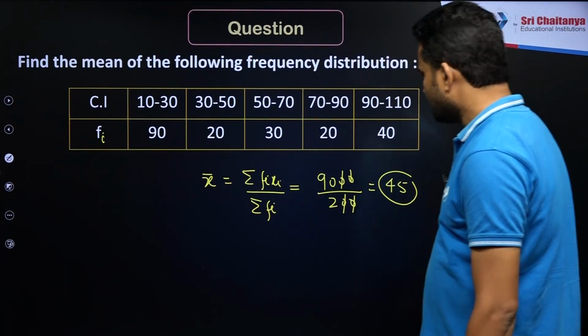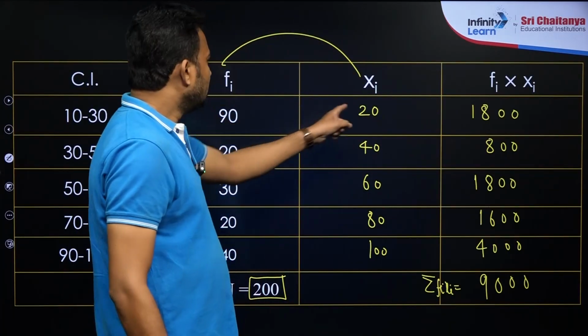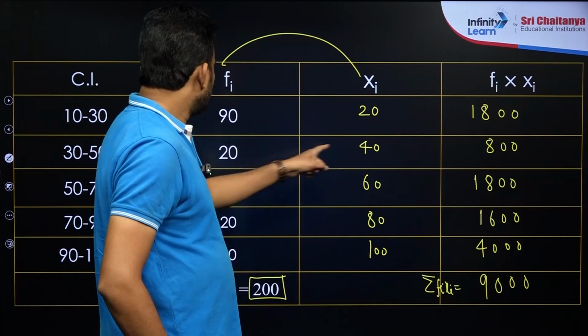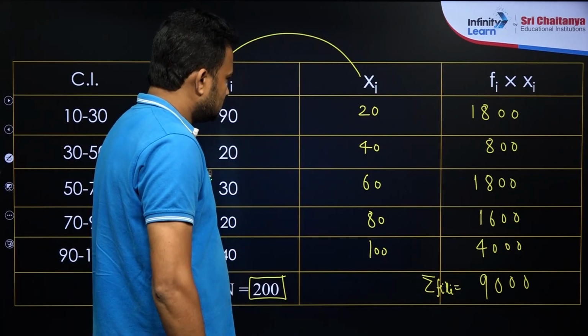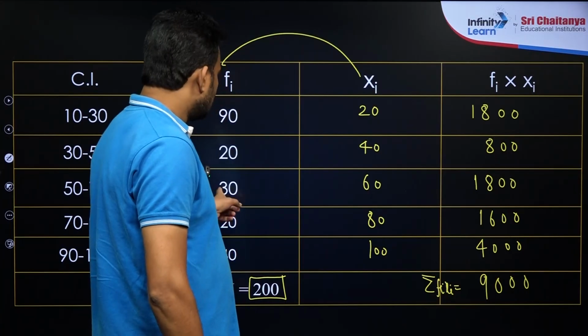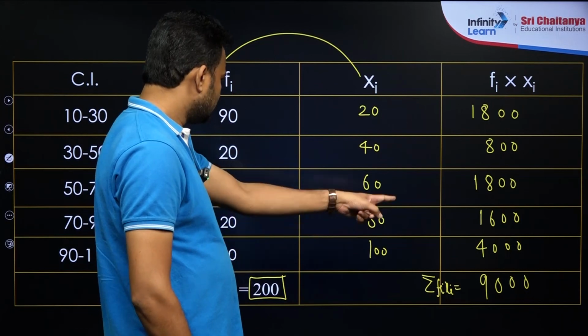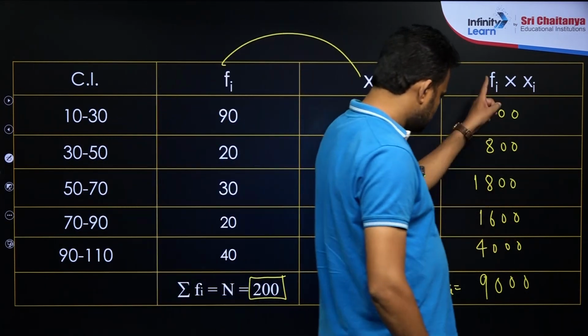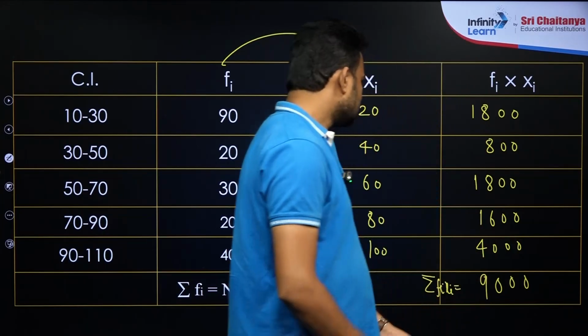Let me check this column again. 90 into 20 is 1800. 20 into 40 is 800, then 1800, then 1600, then 4000. Yes, I made a mistake.